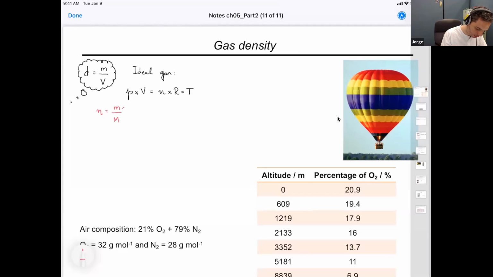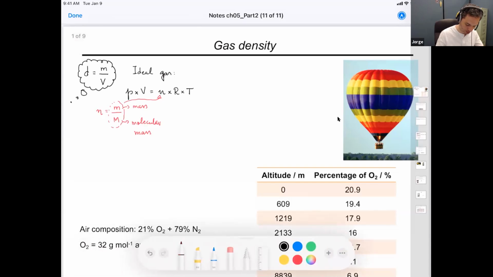So here I'm replacing number of moles by mass of the compound divided by the molar mass or molecular mass of the compound. So I'm going to inject this where n is in the equation. Okay, so let's do this adjustment.